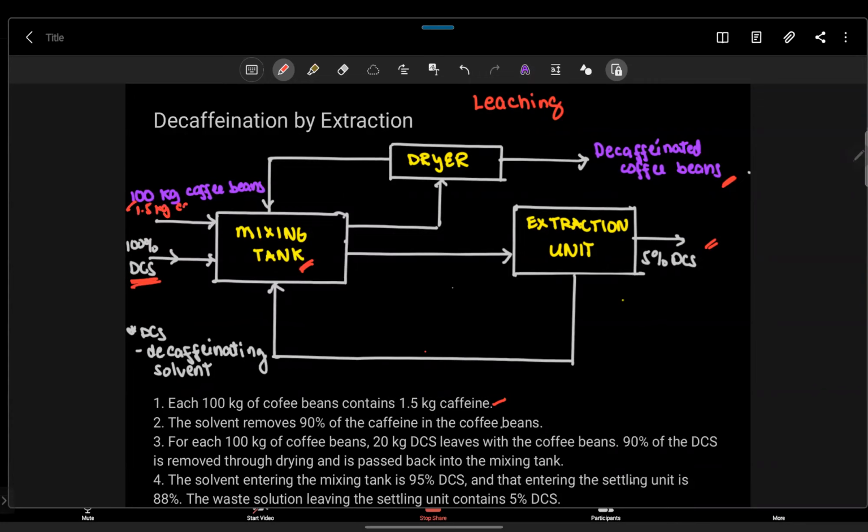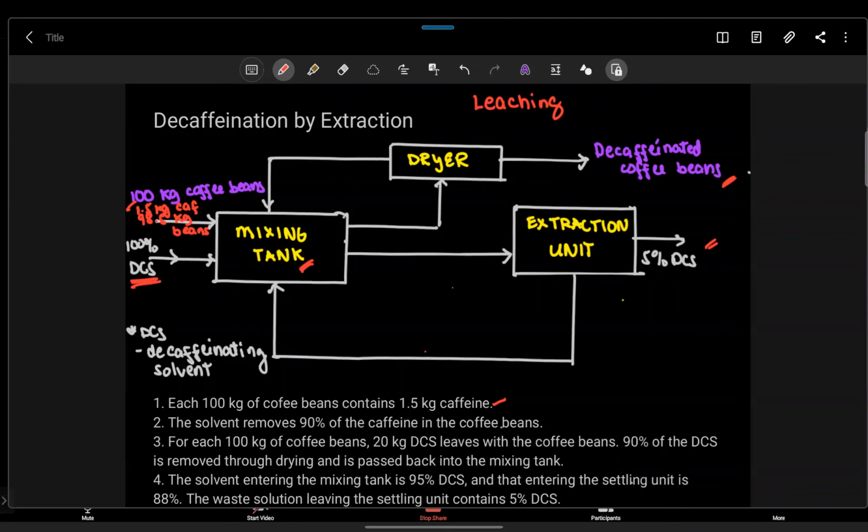So let me use caf na lang to shorten the word. And the rest is, of course, yung coffee bean solids, right? So 98.5, therefore, yung 98.5 kilogram of beans. Okay, so I hope you got that. So doon sa 100 kilogram coffee bean natin, 1.5 kilogram yung caffeine and 98.5 kilogram yung beans.